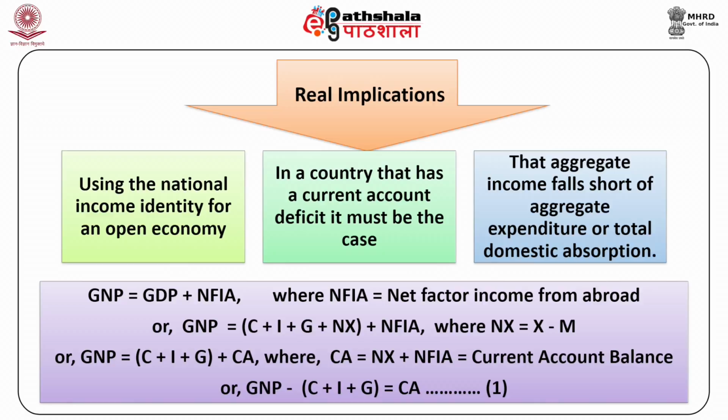Or in other words, GNP is equal to C plus I plus G plus CA, where CA is equal to NX plus NFIA, which is the current account balance. Or, GNP minus the summation of consumption plus investment plus government is equal to CA. This is our first equation.